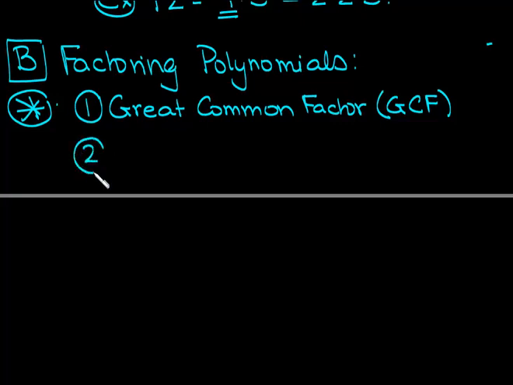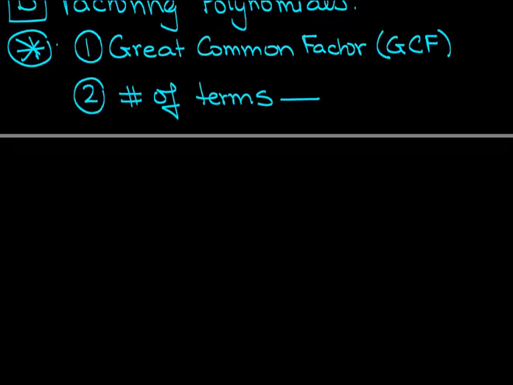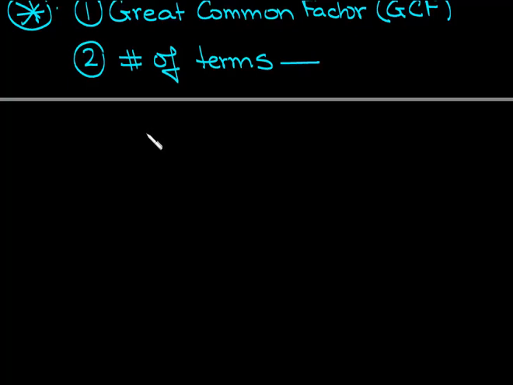The second thing you do when you're factoring is you look at the number of terms in your polynomial. Okay, you look how many terms your polynomial has. We talked about the number of terms in the last section. Now, if the polynomial has 2 terms, then we're going to use a formula. And we'll talk about all the different formulas you need to know.